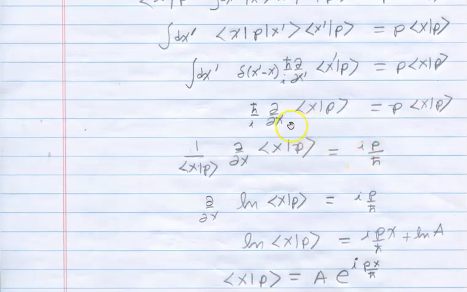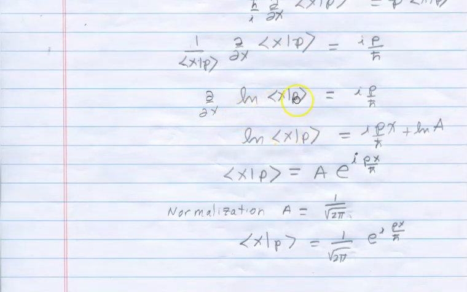The way you do that, again, is separation of variables. You divide both sides by this, and then take the i and h bar over to the other side. Again, this is just a constant now. And then one recognizes that that is just the derivative of the natural log of that quantity. Now I've got something I can integrate on both sides with respect to x.